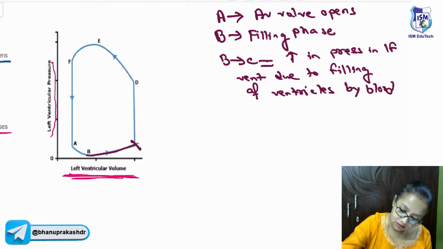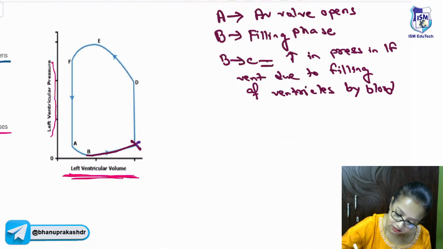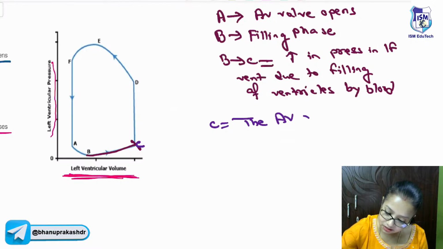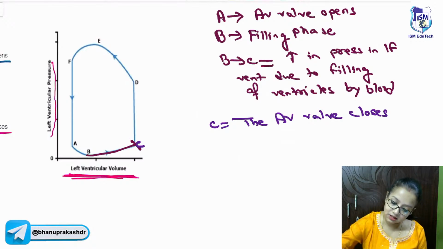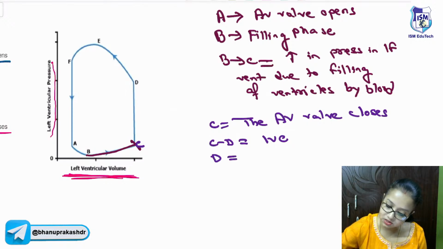Now, what happens at C? At C, the AV valve closes. When the AV valve closes, what happens from C to D? Isovolumetric contraction. Now, what happens at D?